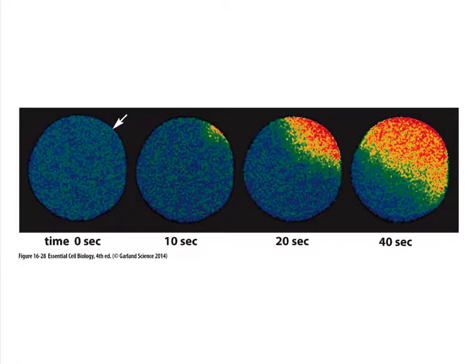For instance, we know that when a sperm fertilizes an egg to become a zygote, the point of entry of the sperm head triggers a release of calcium from the endoplasmic reticulum and from the environment in which the cell is sitting into the cytosol. And you can see that calcium entering the cytosol as a giant wave that changes the characteristic of the egg, preventing further sperm from penetrating and fertilizing.